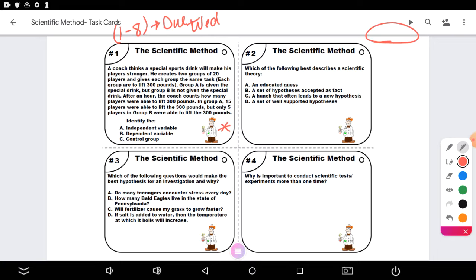In number 1, it says, identify the independent variable. Who can tell me not what the independent variable is, but what is an independent variable? What is an independent variable, Bryson? Something that changes in the problem. What's different between one part of the problem and the other? What is a dependent variable, Lexi? What am I measuring?